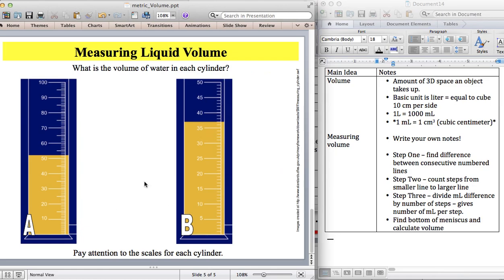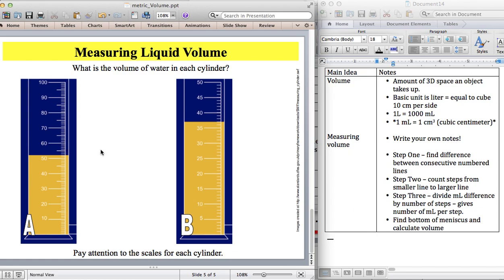So here are just some quick practice ones. Let's take a look at these. So for column A, I'm going to work through my steps. Step 1, the difference between consecutive numbered lines. 60 minus 50 is 10. Step 2, count the steps from the smaller line to the larger line. I got 1, 2, 3, 4, 5, 6, 7, 8, 9, 10.